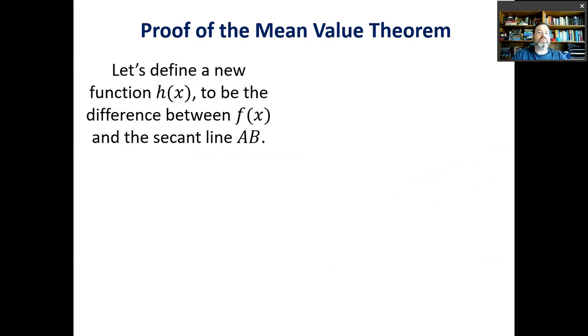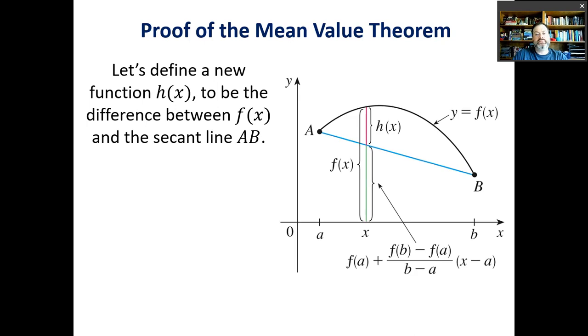So what we're going to do is we're going to define a new function called h of x to be the difference between the function and the secant line AB. So this is just a generic picture, right? We're just saying that we know A exists, we know B exists. There's going to be some difference. So the function is the entire height off the x-axis. H, we're calling the difference between the function and the secant line value.